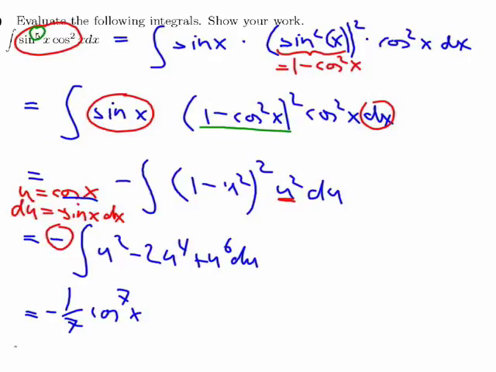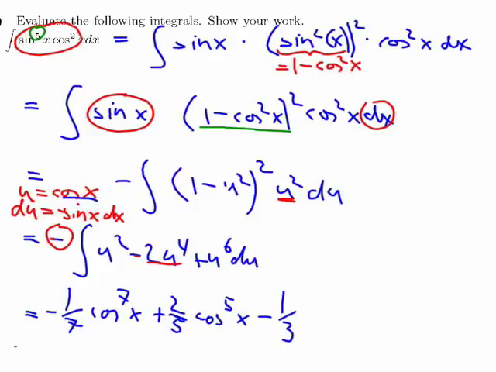The next term, we have the 2u to the 4. The minus here cancels with the other minus out. So as antiderivative we get 2 over 5 u to the 5. u is the cosine of x, so we get cosine to the 5 of x.